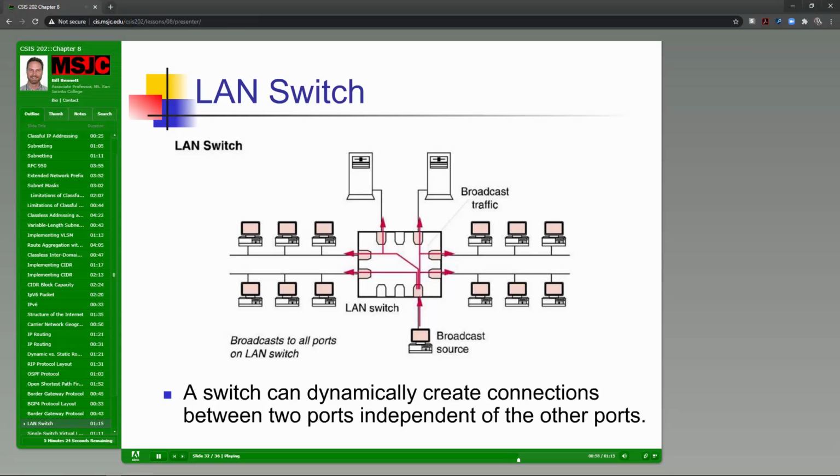That's what this graphic is trying to demonstrate for you. But when a device needs to send a message out to all devices attached to this switch, it needs to broadcast, then it can do that. It can reach all of the destination devices that it needs to.